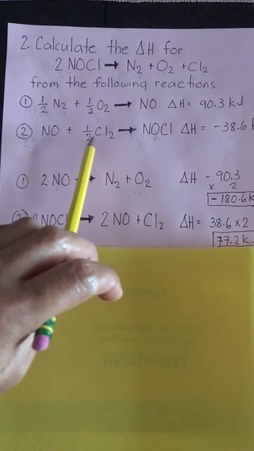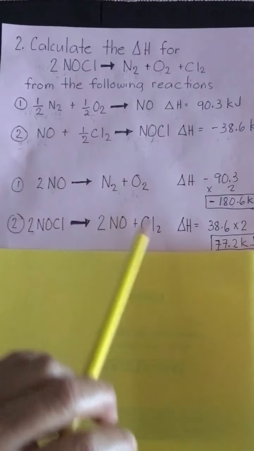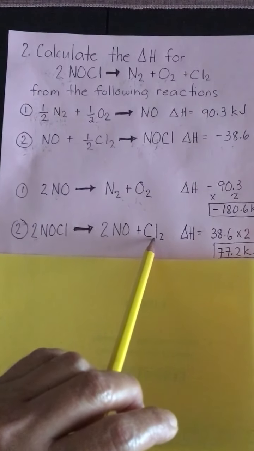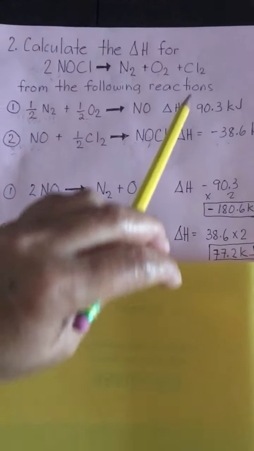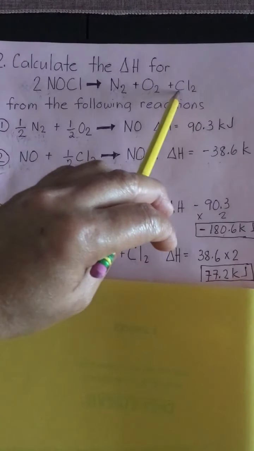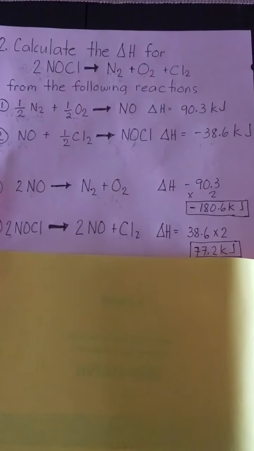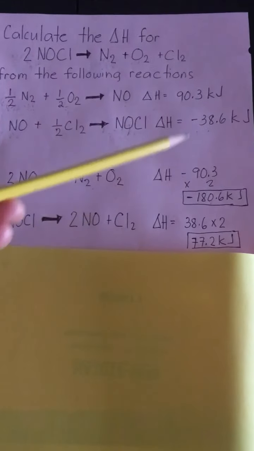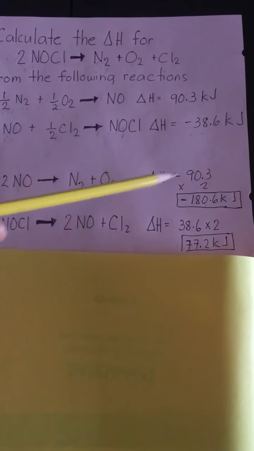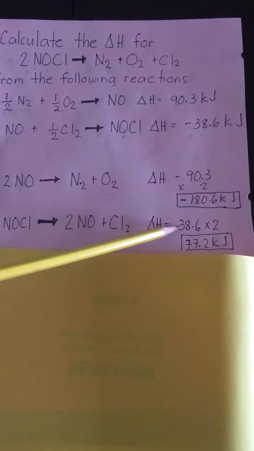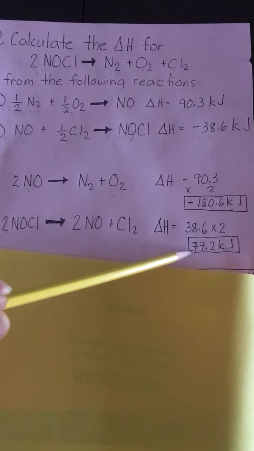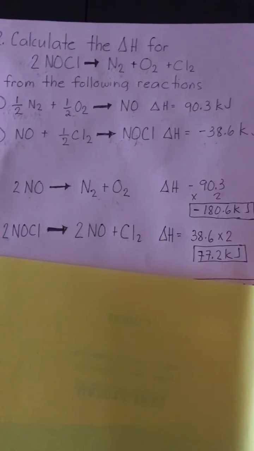If we multiply this one by 2, that would give us a 1 now. So our Cl2 is a 1, which makes sense because we want only 1 Cl2 in the desired equation. Remember, we flip, so our delta H will change. Here we have negative, now it becomes positive because we flip it, and then multiply it by 2 to give you 77.2 kilojoules.